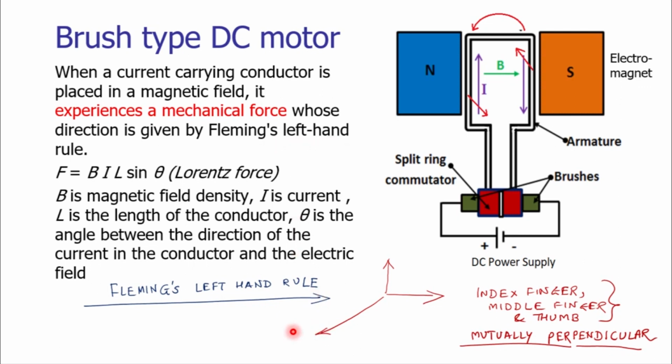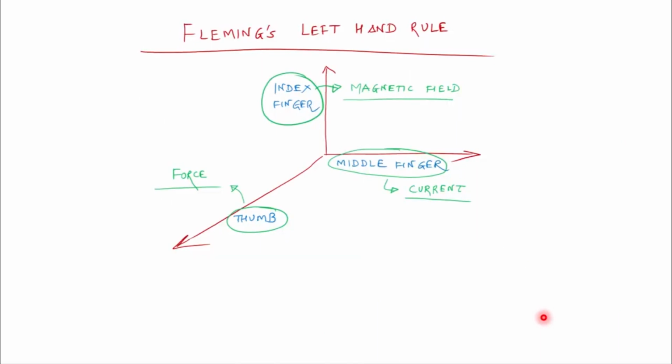To understand Fleming's left-hand rule, we need to hold the index finger, middle finger and thumb of the left hand in a mutually perpendicular way. According to this rule, if the index finger represents the magnetic field and the current is along the direction of the middle finger, then the force will be in the direction of the thumb.